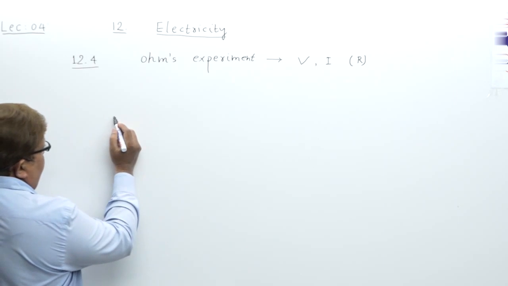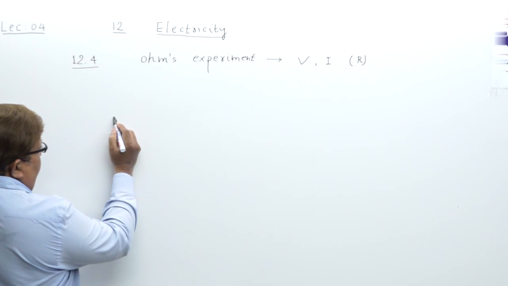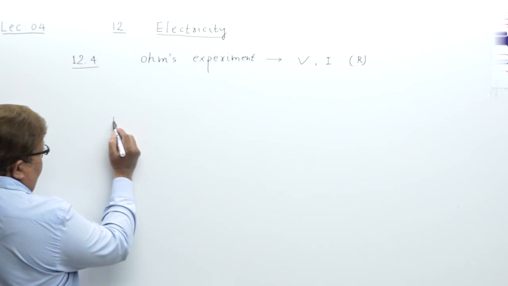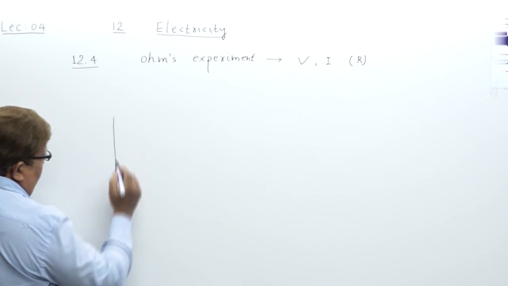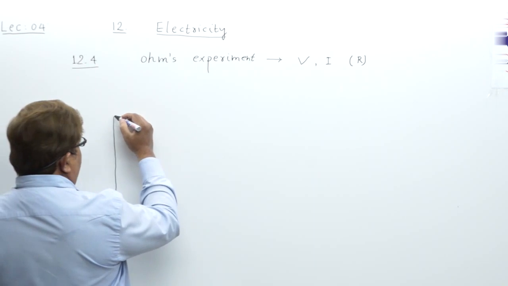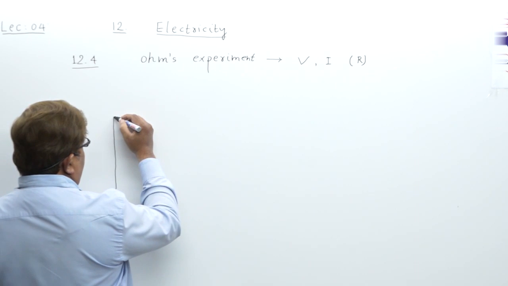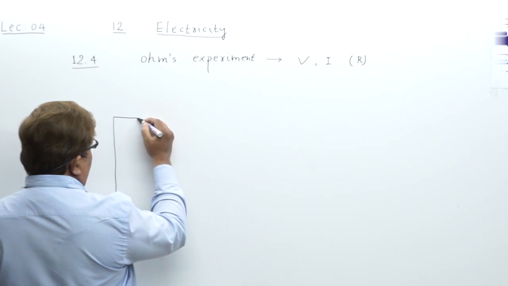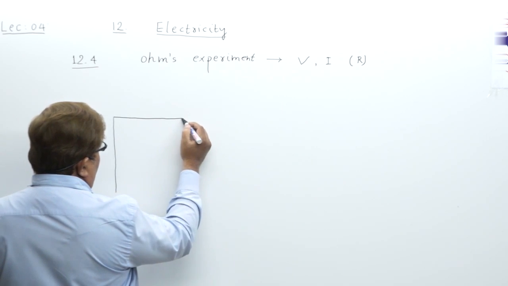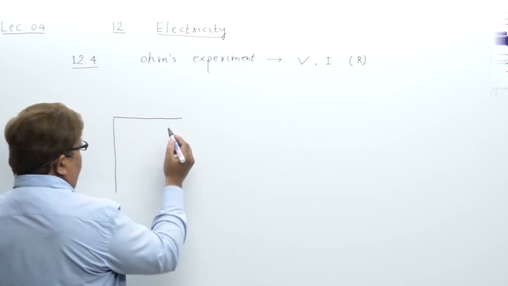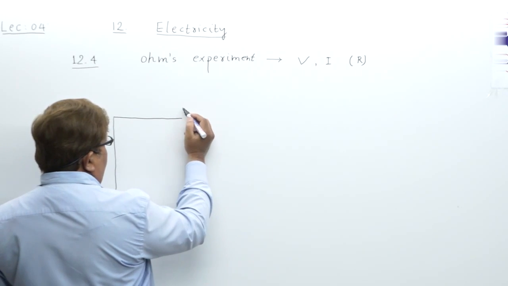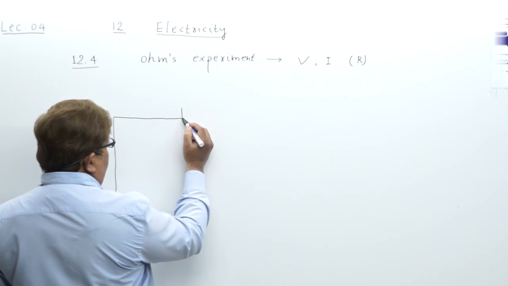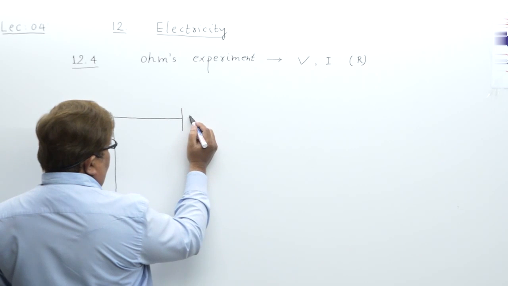First, you will take one conducting wire. This is a conducting wire actually, and this conducting wire is connected with a battery. Battery means, my dear student, you know, a series of cells is called a battery.